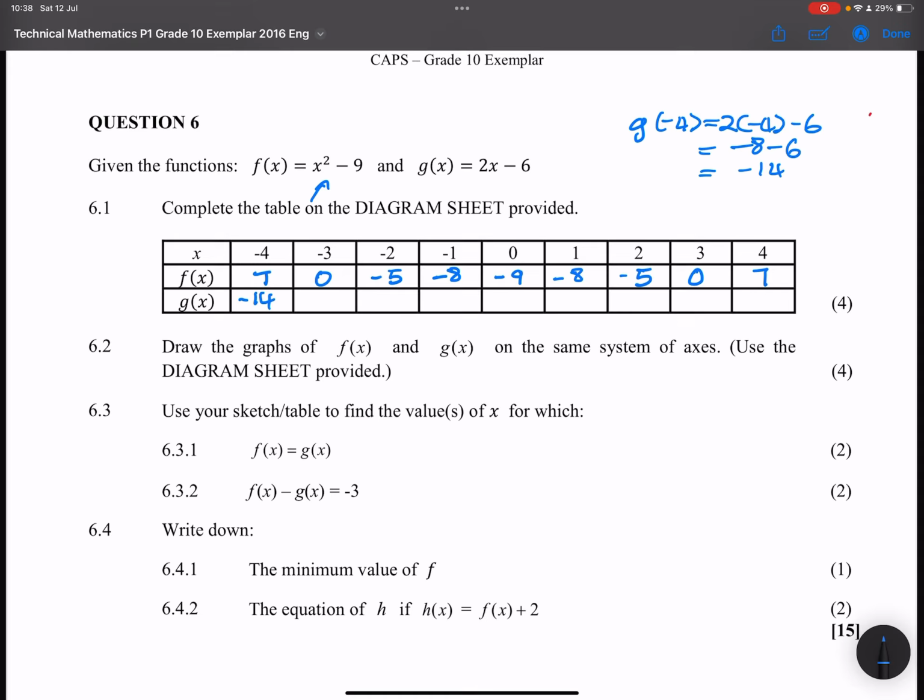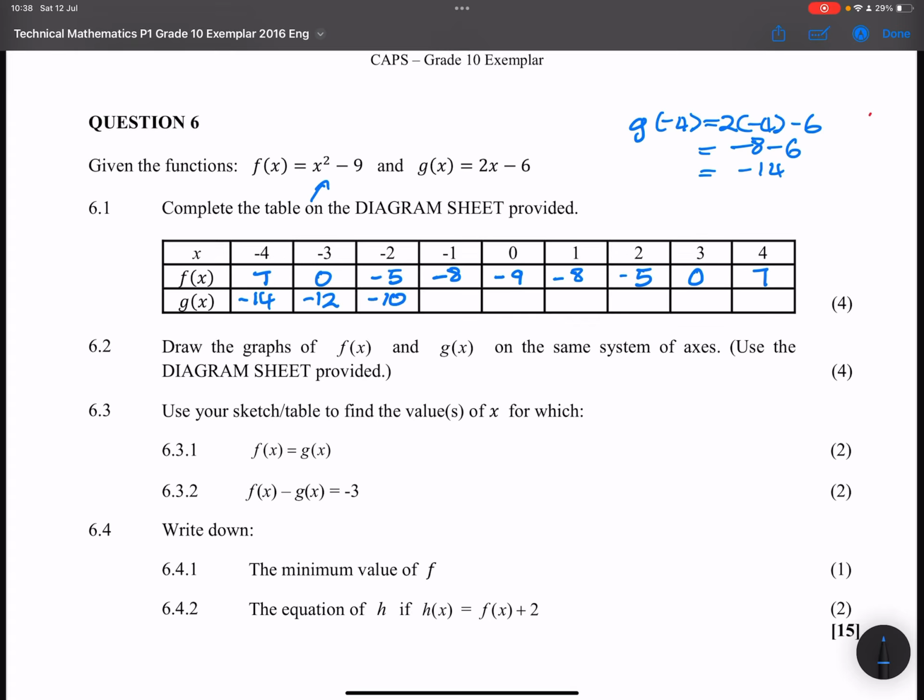If we substitute negative 3, that's negative 6 minus 6, which is minus 12. If we substitute negative 2, that's 2 times negative 2, which is minus 4, and minus 6 gives us minus 10. I'm sure you can begin to see the trend now.